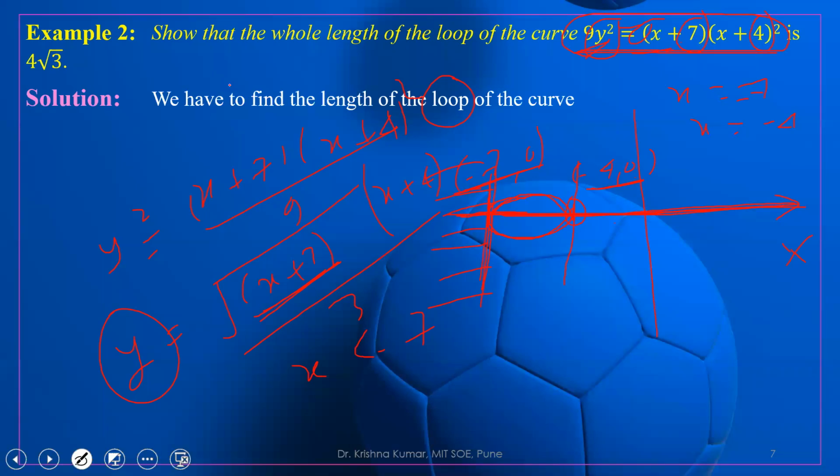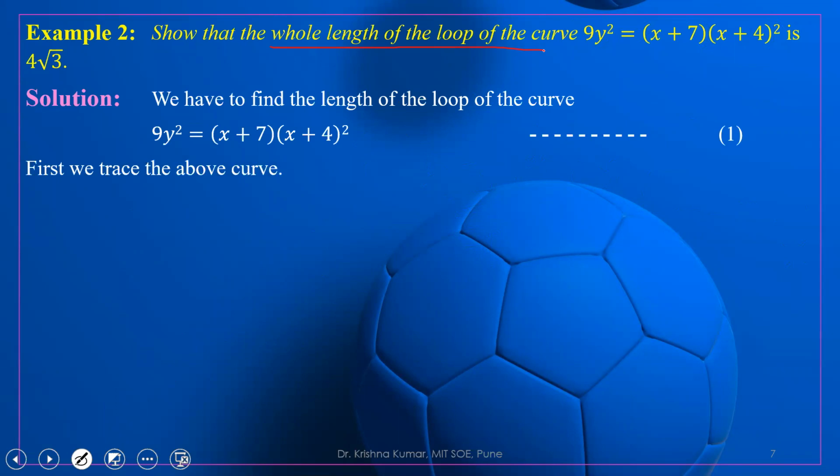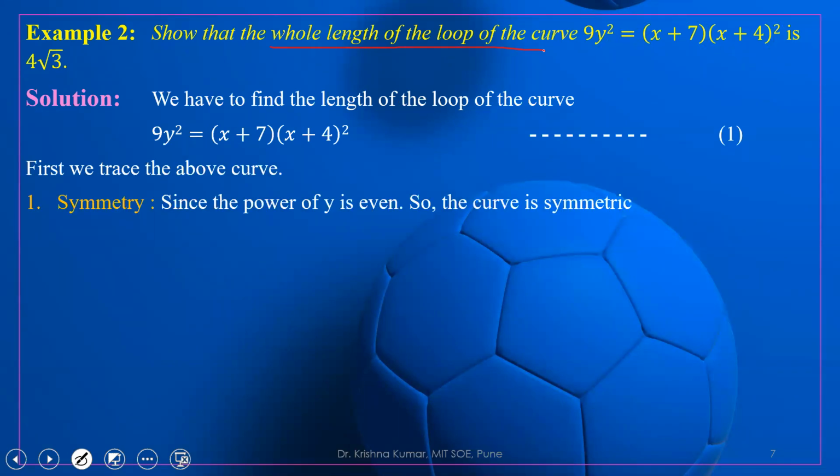So this is the basic thing we have to study in tracing of curves, because in this example there are no marks for tracing the curve. The marks are only for how to find the whole length of the loop. Let me elaborate again. First we trace the curve. Symmetry: since the power of y is even, the curve is symmetric about the x-axis.